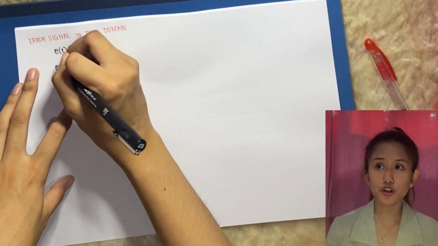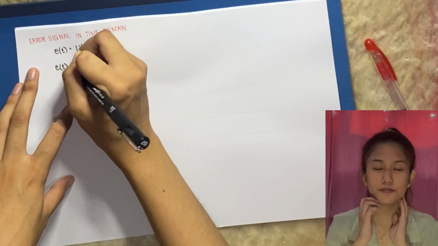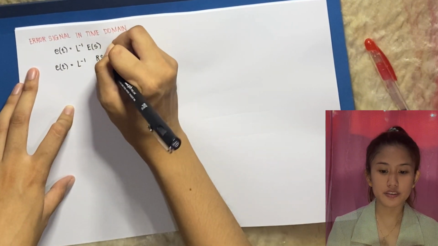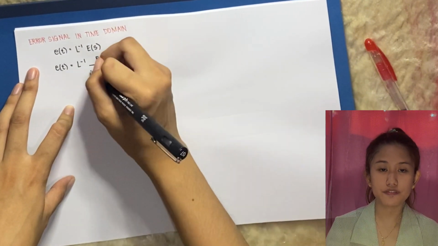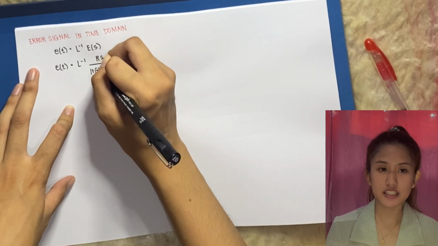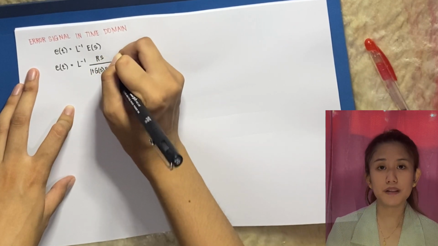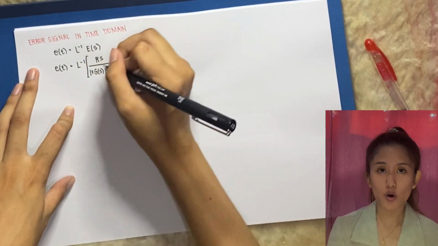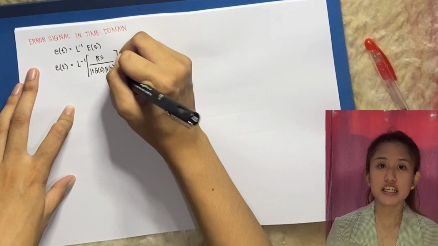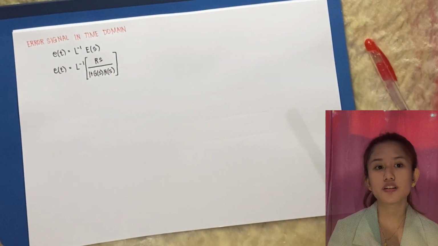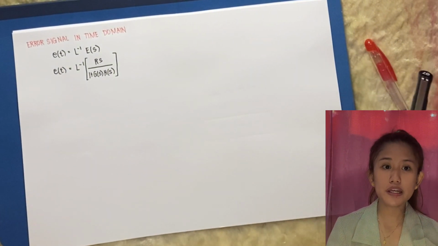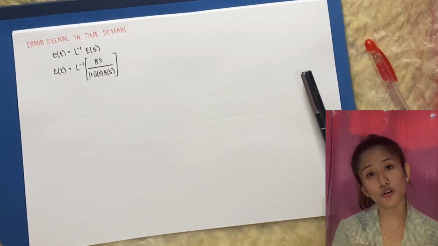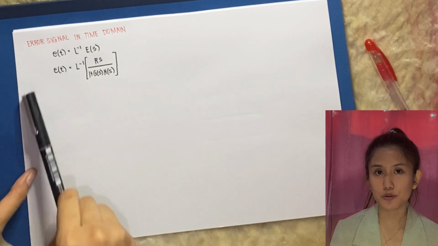If we're going to substitute the answer of E of S that we've solved earlier, it will be E of t is equal to inverse Laplace of R of S divided by 1 plus G of S into H of S. So if we are doing the inverse Laplace, we are solving the error in time domain.